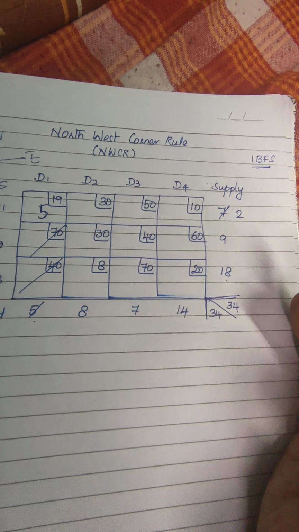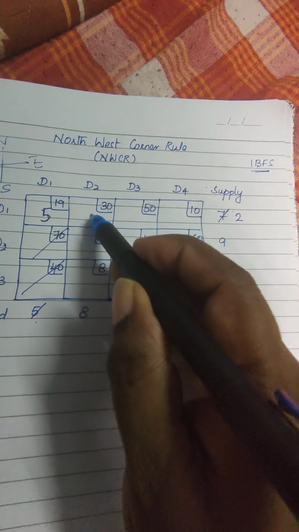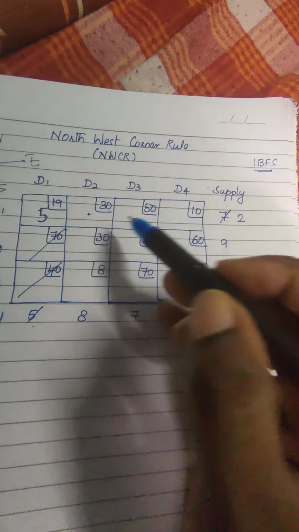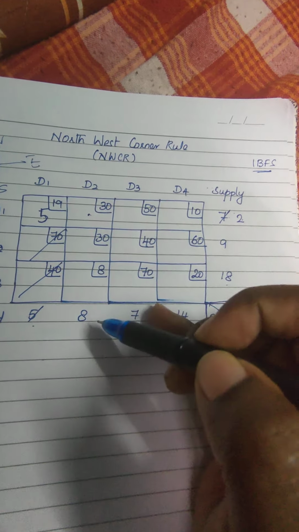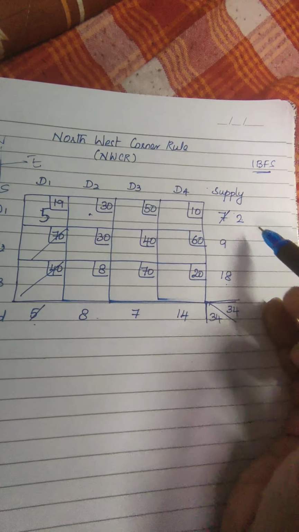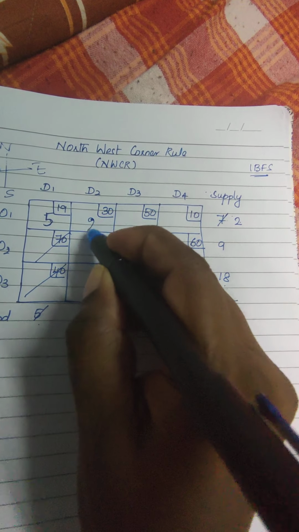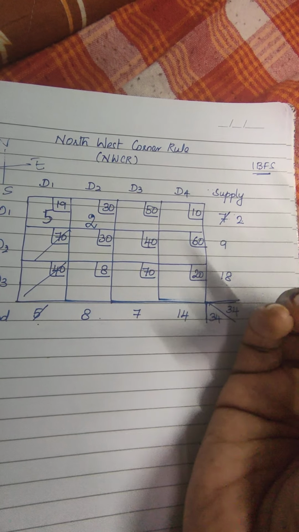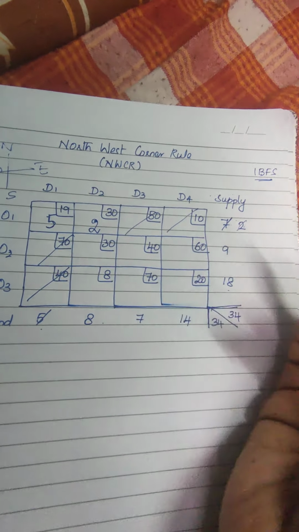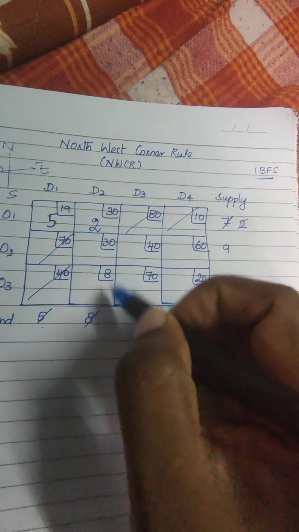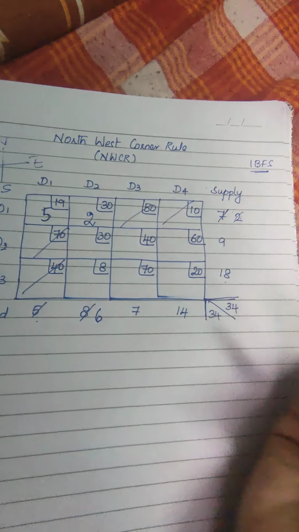Again, the northwest corner box is this one, and here supply is 2, demand is 8. Whichever is less, I allocate that. Since this is completed, I close this. Here I have taken 2, so the remaining 6 is left.